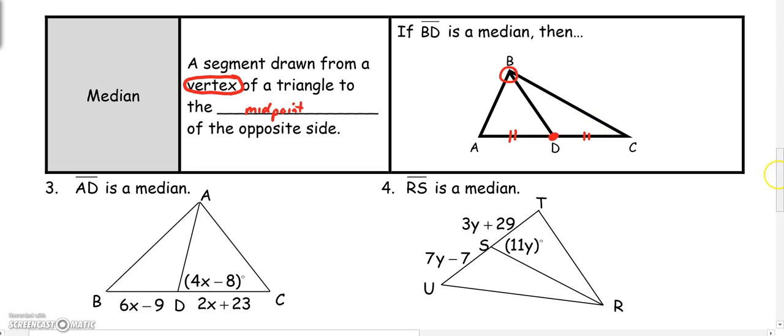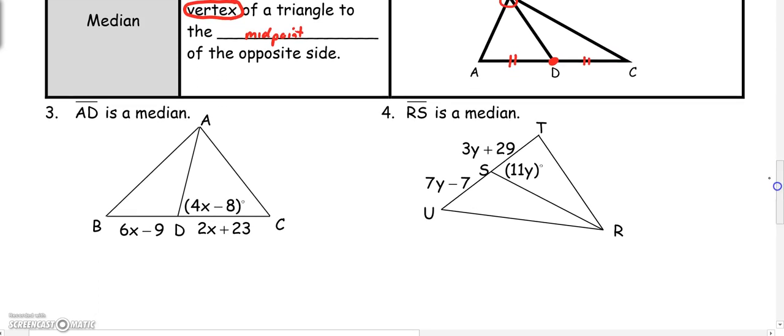So let's use this idea to solve for a variable. In number 3, AD is a median, so D is my midpoint, which bisects the side BC. The two important expressions that I want to look at are the 6x minus 9 and the 2x plus 23, because those represent segments.